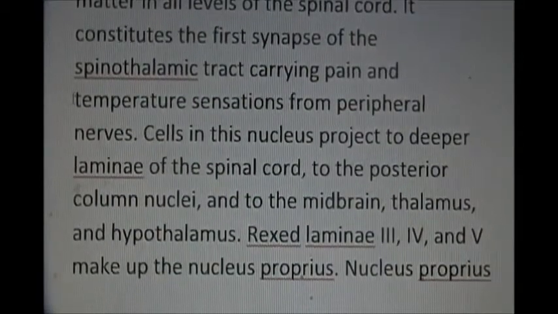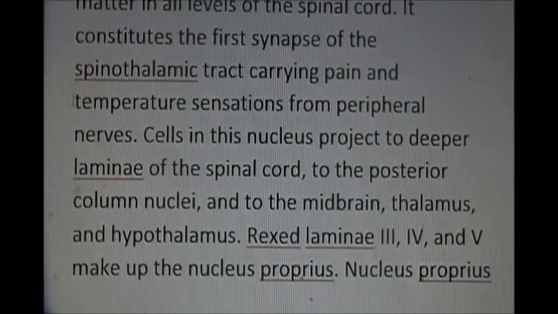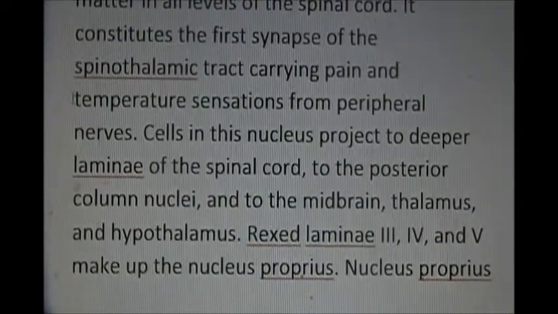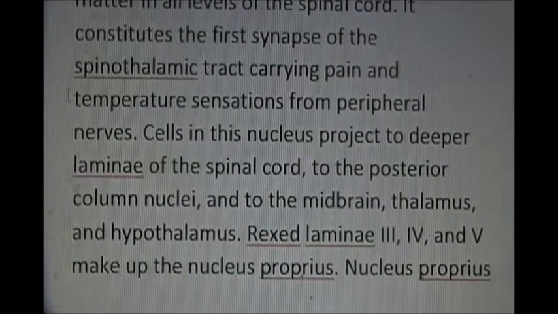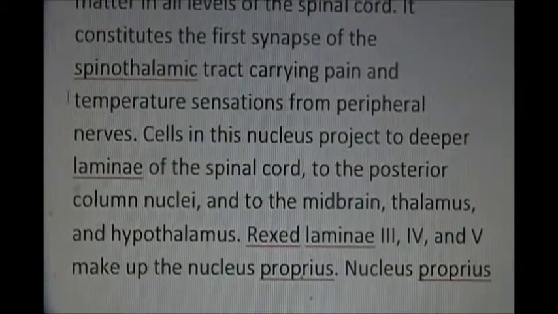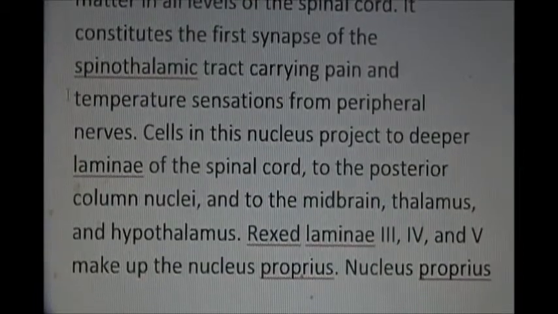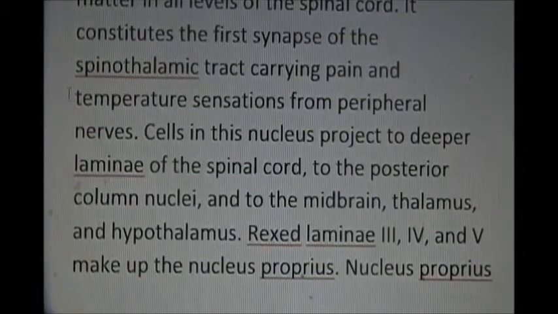The cells in this nucleus project to the deeper laminae of the spinal cord, to the posterior column nuclei, to the midbrain, thalamus, and to the hypothalamus. The Rexed laminae 3, 4, and 5 make up the nucleus proprius.